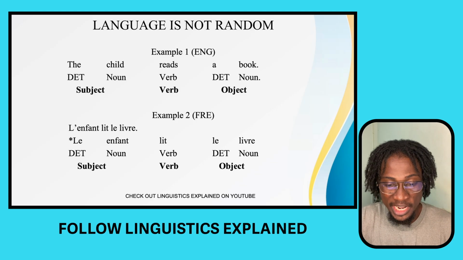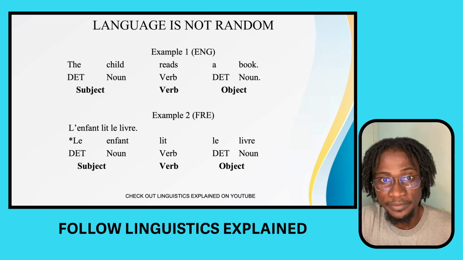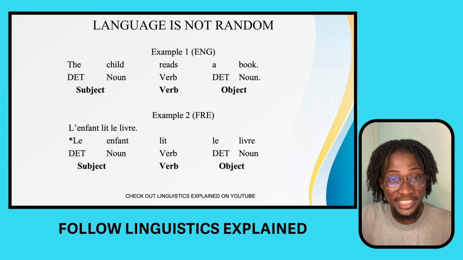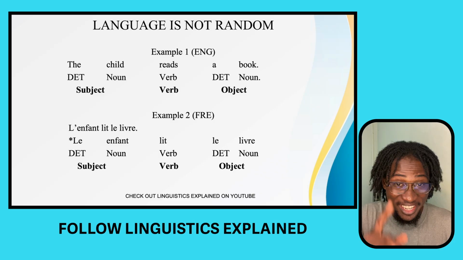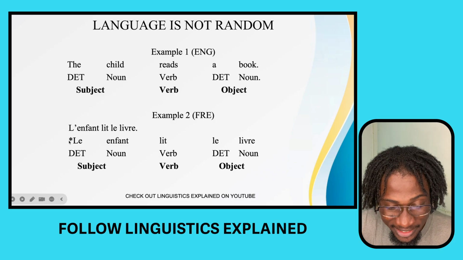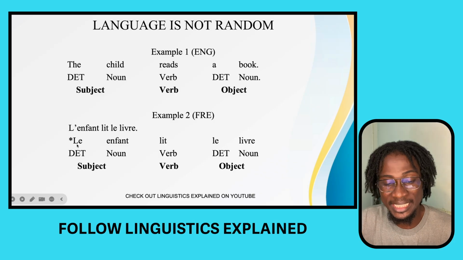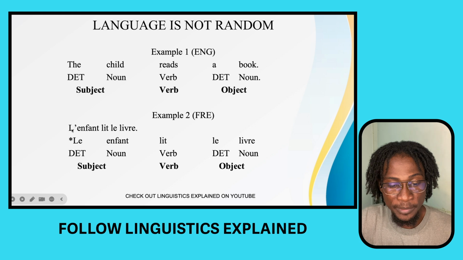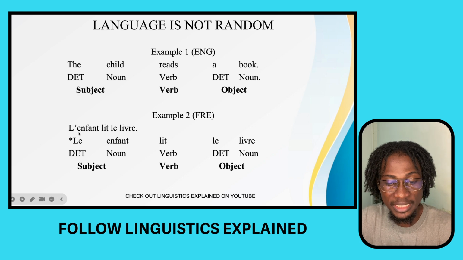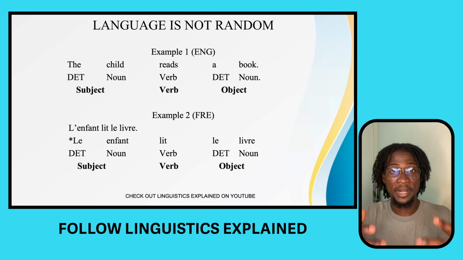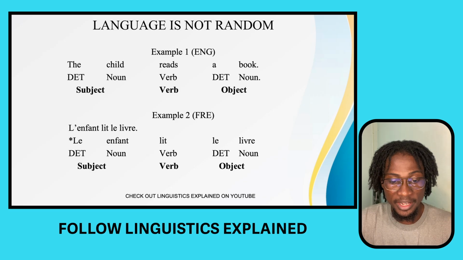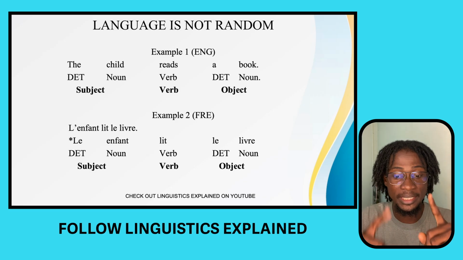Down there in French, we have l'enfant lit le livre. The child reads a book. Now, the reason we have this asterisk here is because in a sentence like this, the correct form is what is up here: l'enfant lit le livre. But I want you to understand that l'enfant is not just a single word.